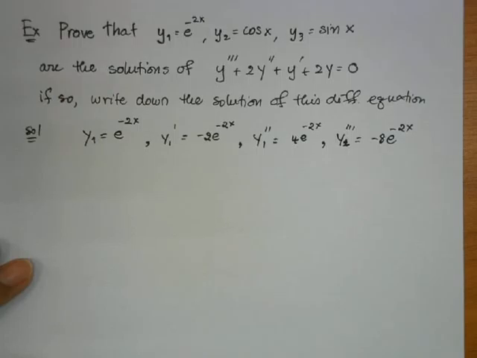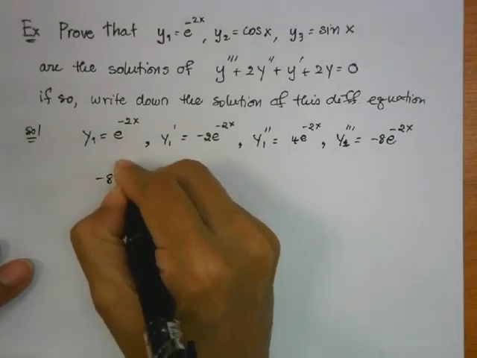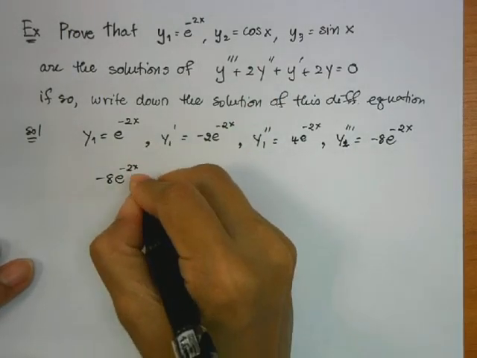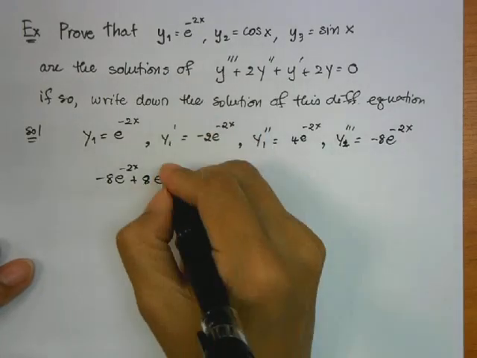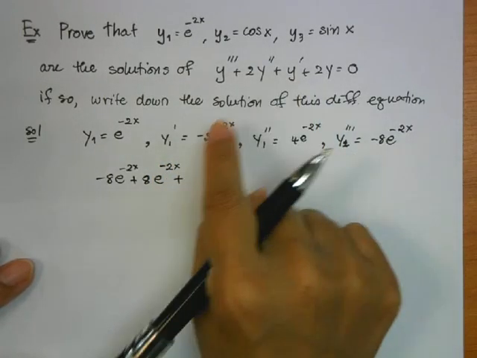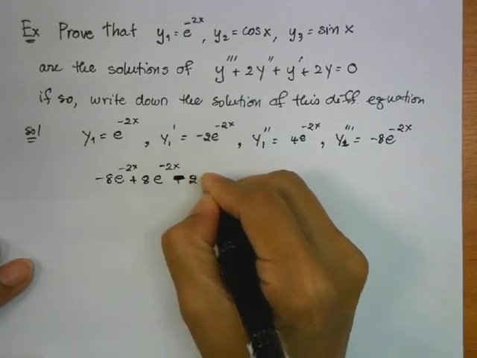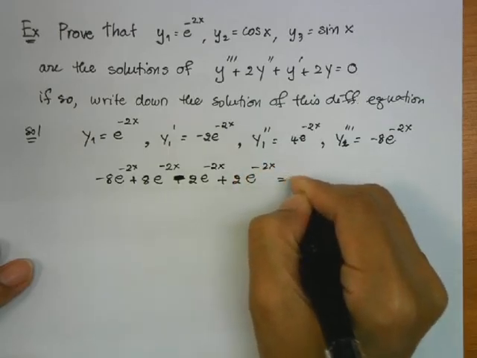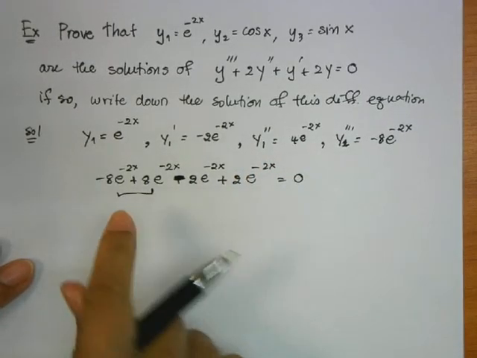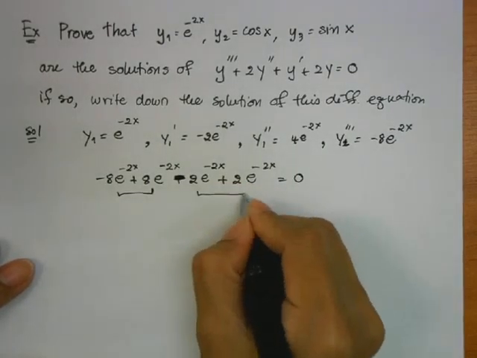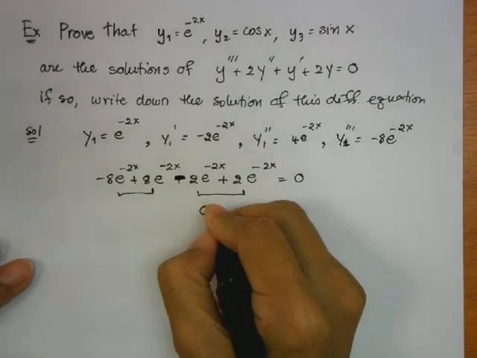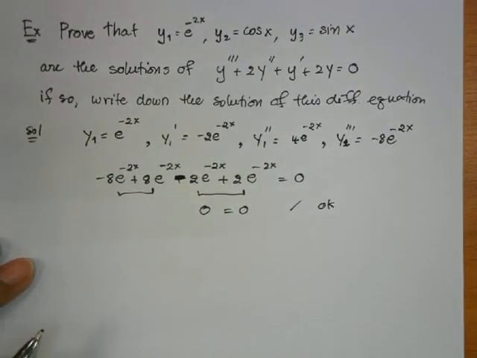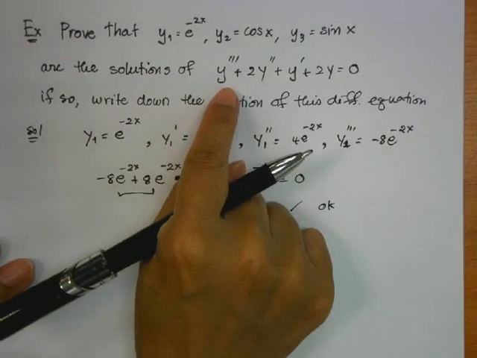You would get minus 8 exponential of minus 2x, plus 8 exponential of minus 2x, minus 2 exponential of minus 2x, and plus 2 exponential of minus 2x. Is it equal to 0? These two cancel out, these two cancel out, so you would get 0. So that means y1 is one solution of this differential equation.